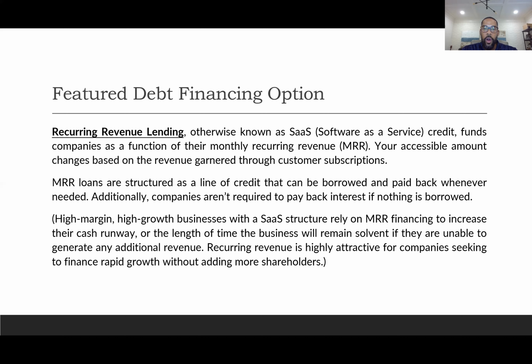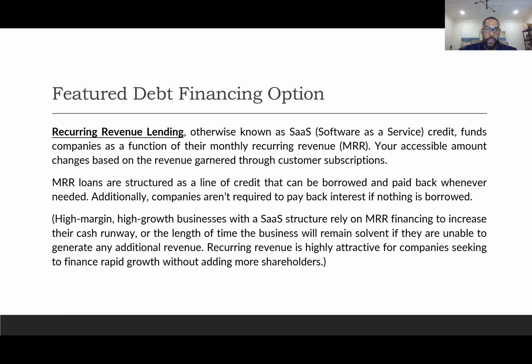Additionally, companies aren't required to pay interest if nothing is borrowed. These types of loans are for high margin, high growth businesses with a SaaS structure to rely on MRR financing to increase their cash runway, or the length of time the business will remain solvent if they are unable to generate any additional revenue. Recurring revenue is highly attractive for companies seeking to finance rapid growth without adding more shareholders.